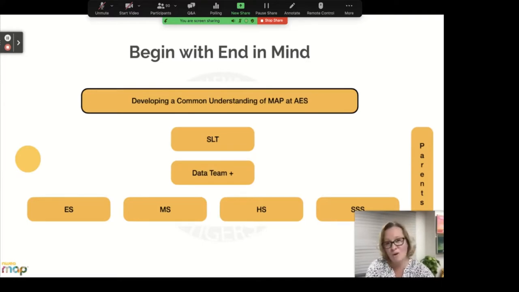And then most importantly, we've been meeting with our student support services team as well. With learning support and English as additional language, their knowledge of the data is critical to ensure that we have growth for every child. What I want you to notice here on the right side of this screen, though, is parents. Parents are throughout this entire process. We need you to be our partners so that we can keep this in perspective for students and maximize growth for every single student.